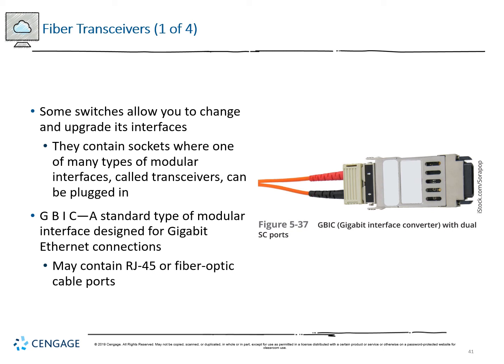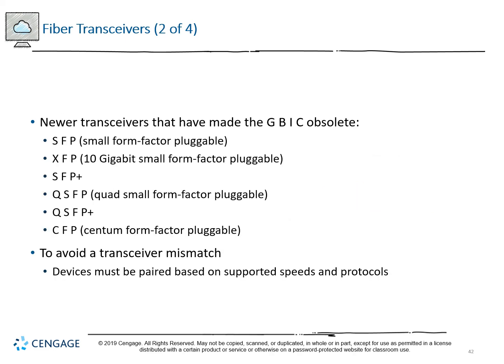This was what's called a GBIC, Gigabit Interface Converter, and we can see here on the right, there's a nice iStock photo. It's got the serial connector at the back, and it's got the two subscriber connectors, I'm sorry, at the front. These are fiber optics, but they did definitely have ones that were RJ45 as well.